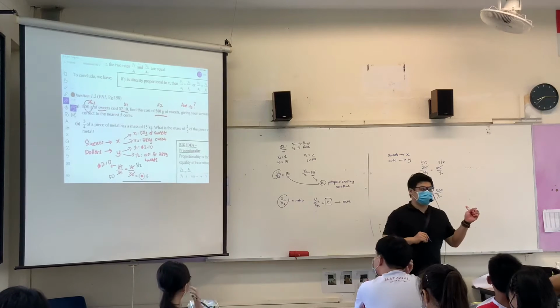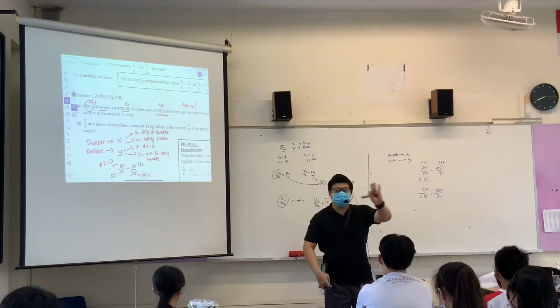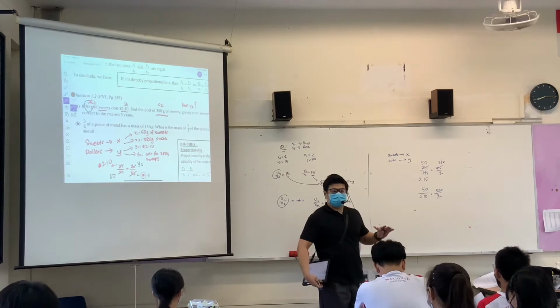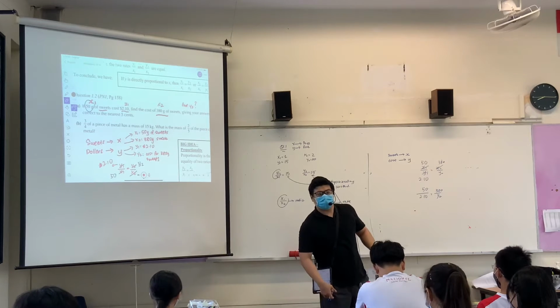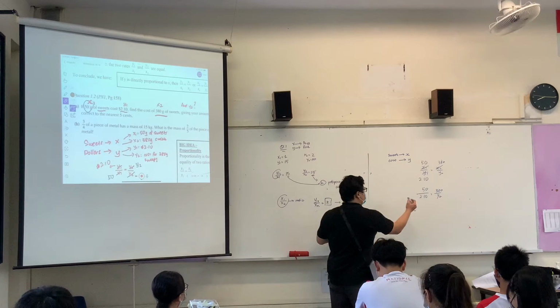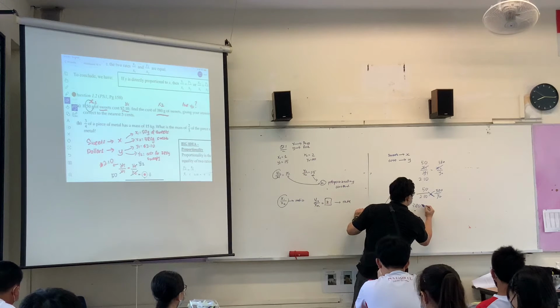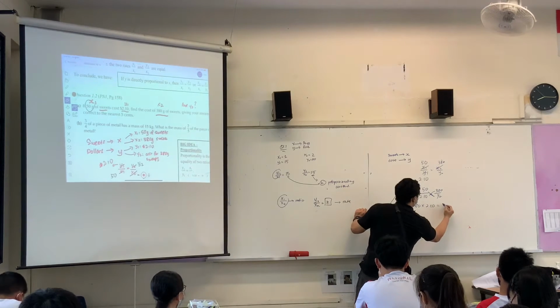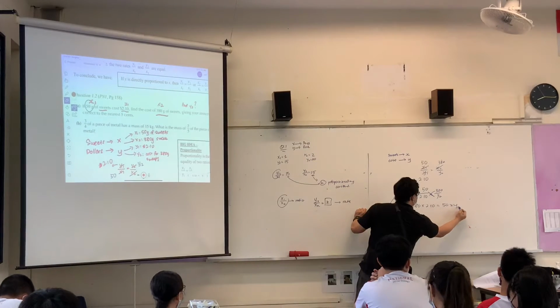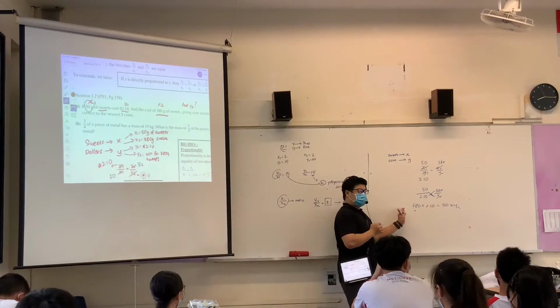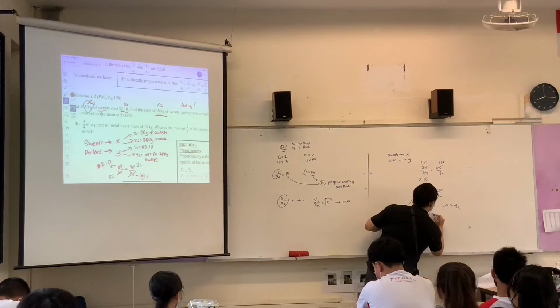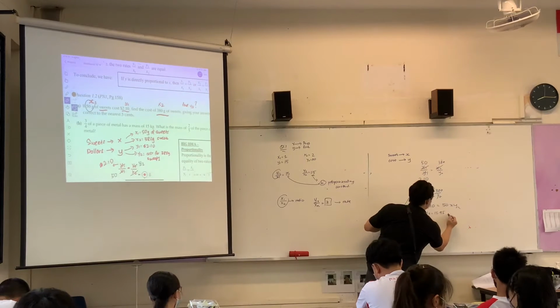What do you do next? This chapter is very easy, I assure you. Then you just cross multiply, and you should be able to get Y2 to be 15.95.